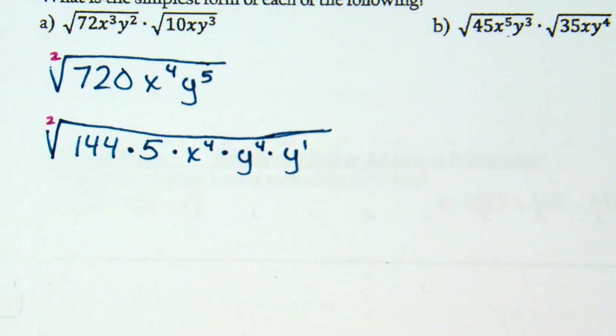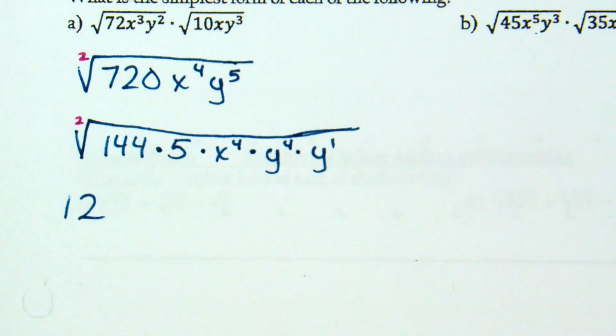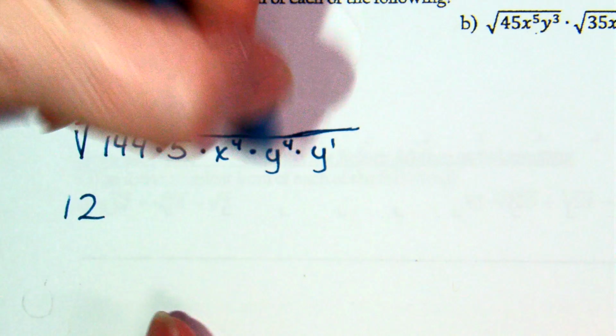Now we just have to finish it up. Square root of 144 is 12. That's going to go outside. Square root of 5? Can't do it, so it's going to stay under the radical.